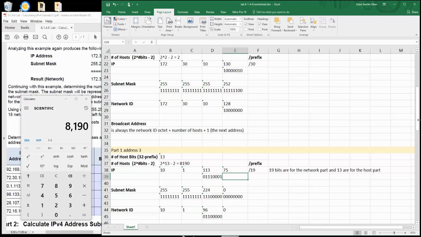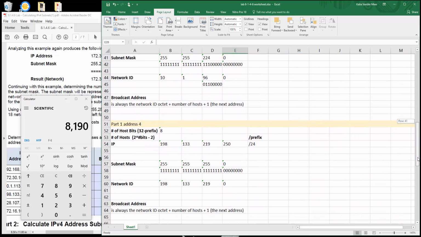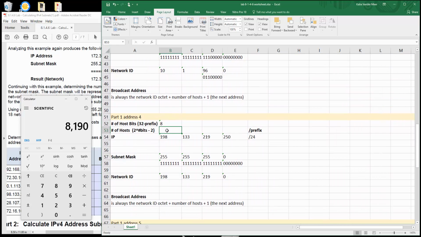Okay, resuming. Part 1, address 4. 2 to the power of 8 minus 2. Writing out this formula so you can see how it works. 2 to the power of 8 minus 2, 254. Which I could have guessed because this whole network ID is left over for hosts, so 254.